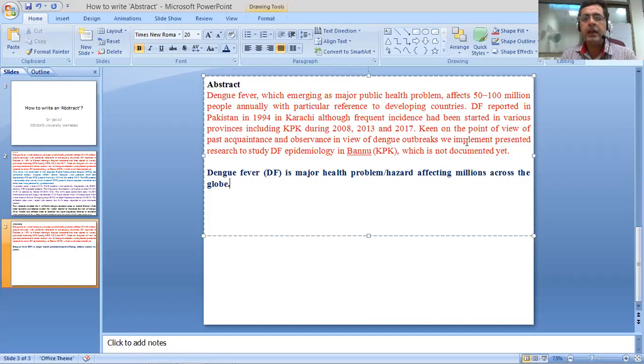So you don't have to write everything here. You can shorten this in many different ways, but you have to be very careful not to use too many words to describe the background of these different outbreaks.